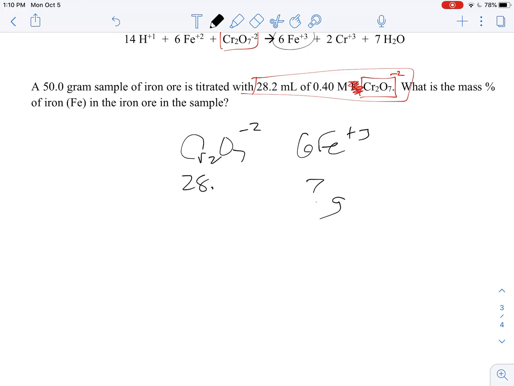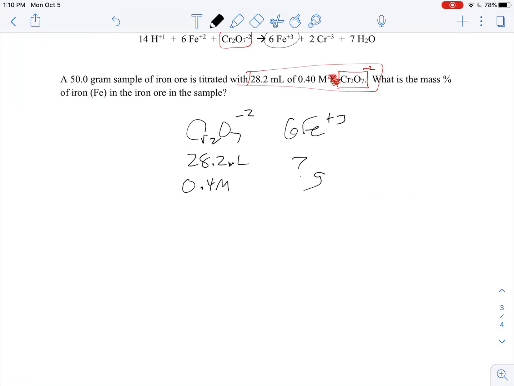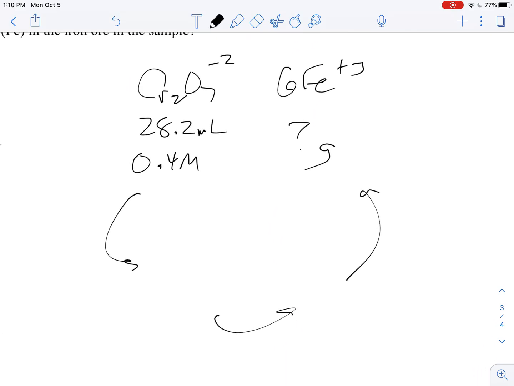And I was given 28.2 milliliters of 0.4 molarity of this stuff. So again, this is the real world units that are over here. We're going to have to come down here to our mole world and do again a 3-step process like we always have.